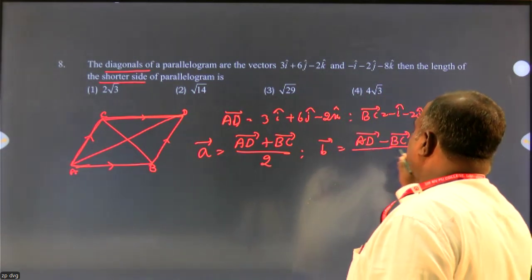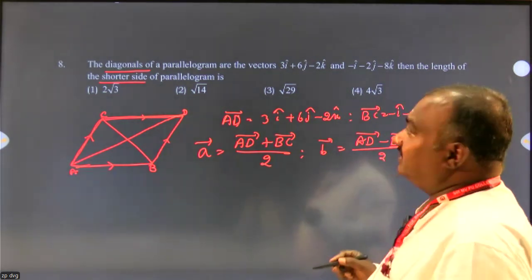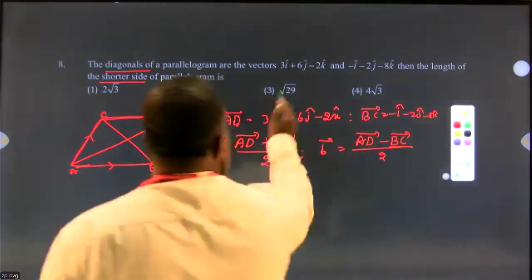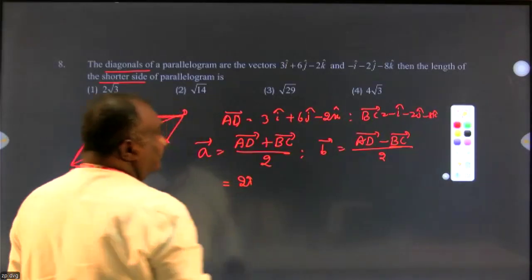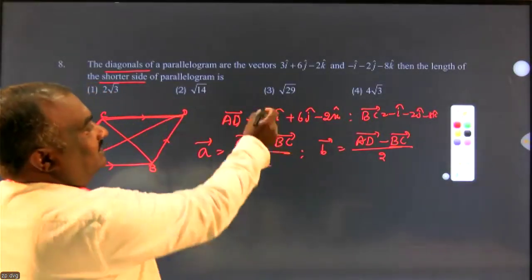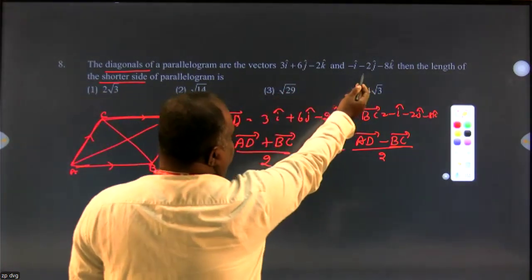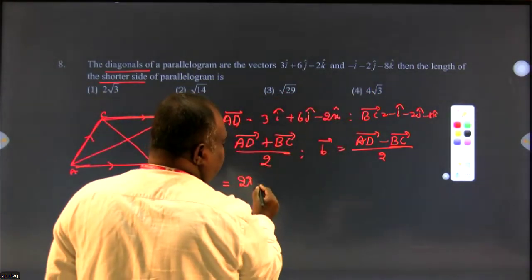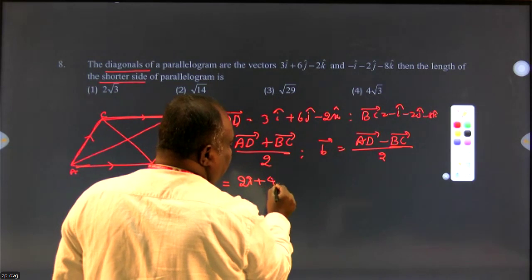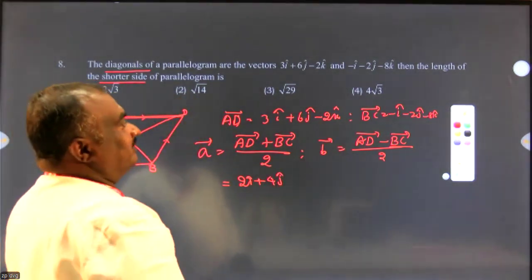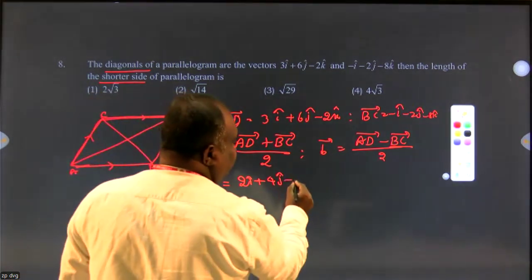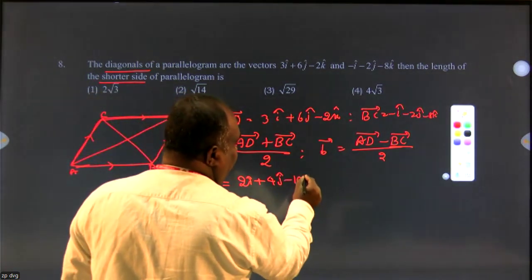It means you have to take the addition of these and the difference of these. First one: 3 minus 1 is 2i, and 6 minus into minus 2 is 6 plus 2, that is 8j, and minus 2 minus 8 is minus 10k, all by 2.